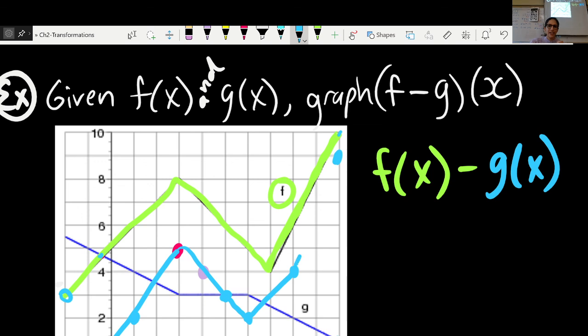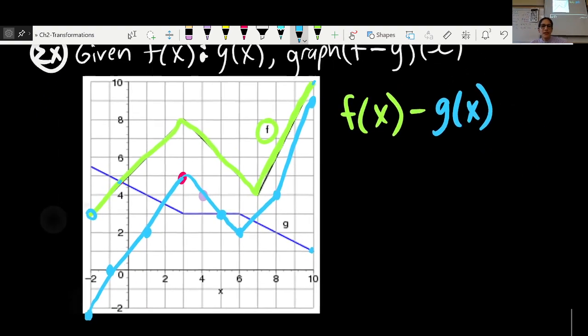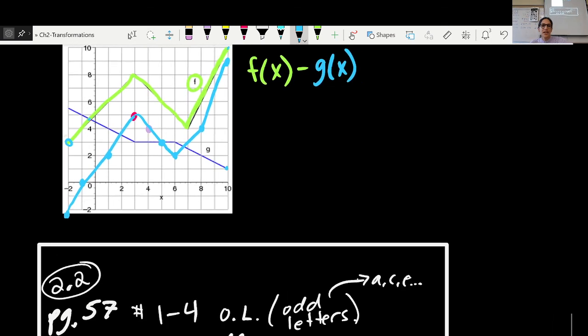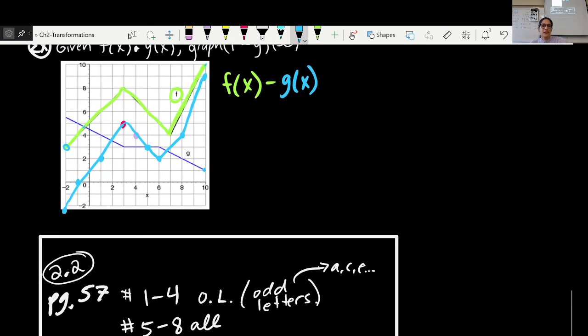So we're getting something that's looking like this somewhat. I could have done it much nicer, but do we get the idea, the skill of subtracting the y values? And the key is keeping track using colors or using whatever method helps you. And there's your assignment for the day.